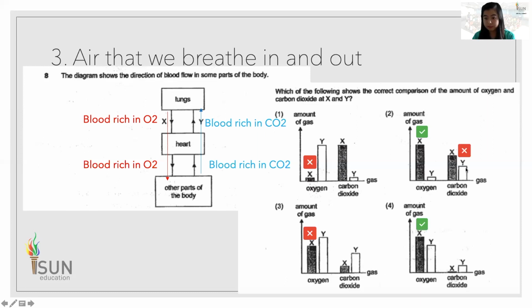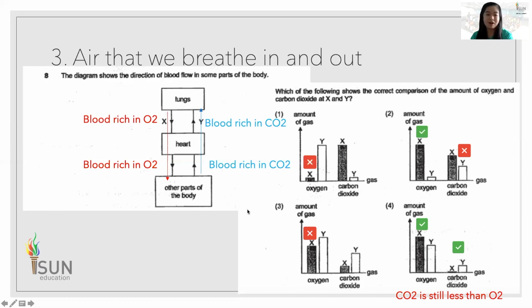Now, graph number 2 is wrong because it shows lesser amount of carbon dioxide. And graph number 4 is correct because the carbon dioxide level increases. Notice one more thing. The carbon dioxide for Y, which is after respiration, the carbon dioxide level is still less than the oxygen level.